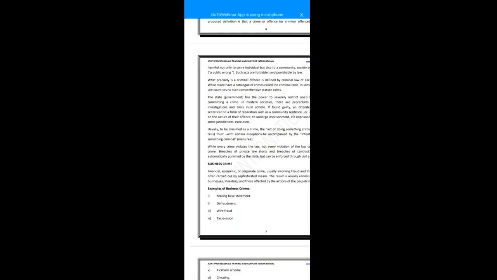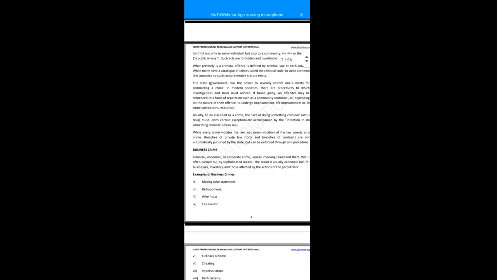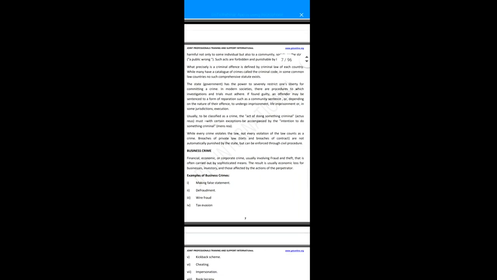Now, let's go to business crime. Business crime has to do with financial, economic, or corporate crime, usually involving fraud and theft, that is often carried out by sophisticated means. The result is usually economic loss for businesses, investors, and those affected by the action of the perpetrator.